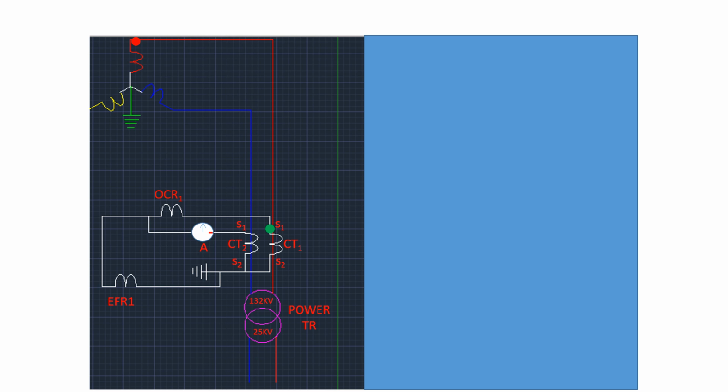When there is no earth fault in between CT1 and CT2 of the power transformer, the current will flow through CT1, OCR1, ammeter, CT2, then to CT1, and no current will enter the earth fault relay.